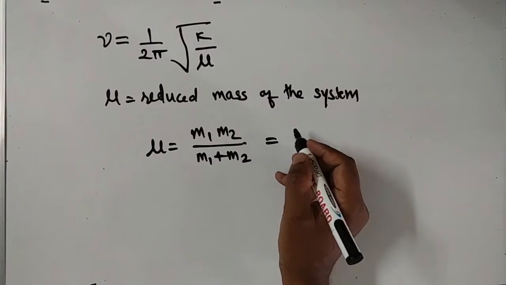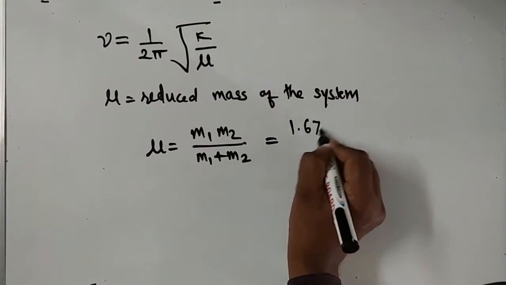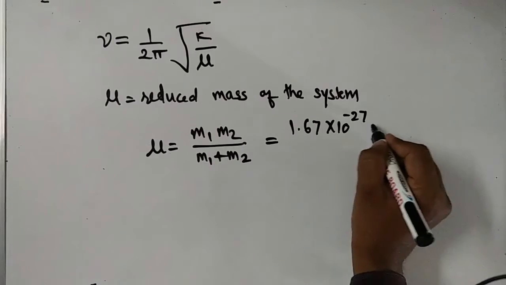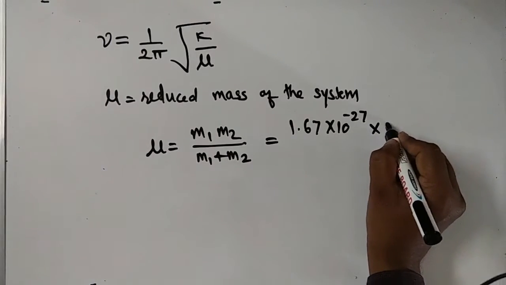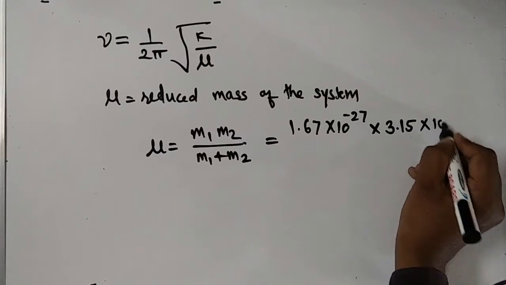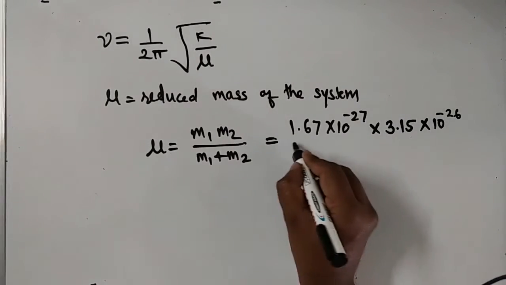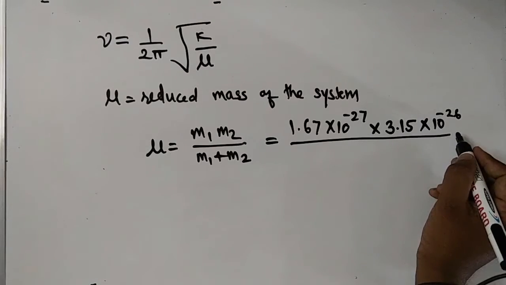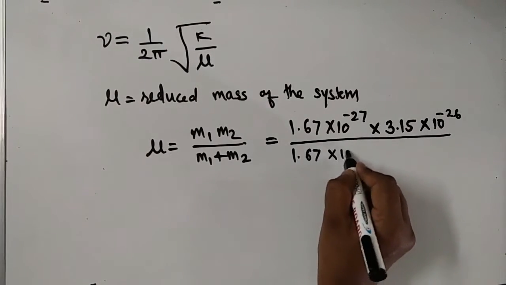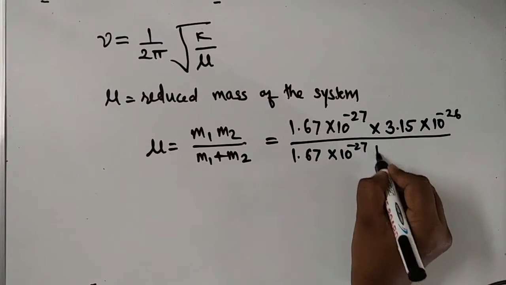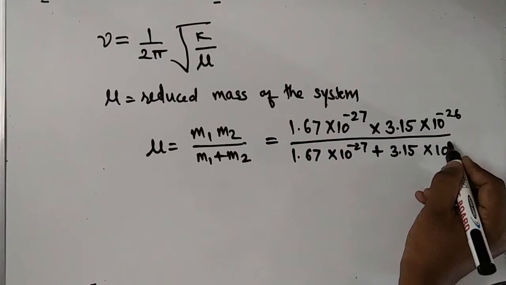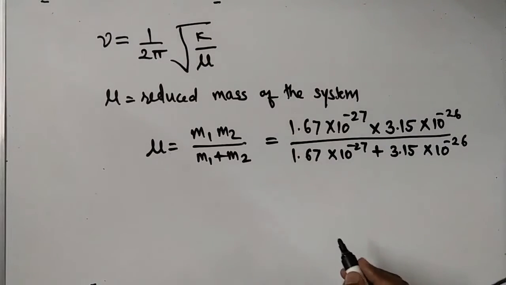M1 is the mass of hydrogen atom, which is 1.67 into 10 raised to minus 27 kilogram, into mass of fluorine, 3.15 into 10 raised to minus 26 kilogram, divided by 1.67 into 10 raised to minus 27 plus 3.15 into 10 raised to minus 26, right?